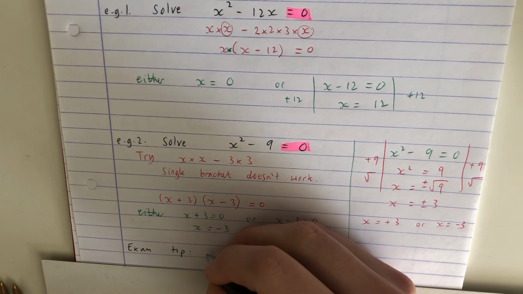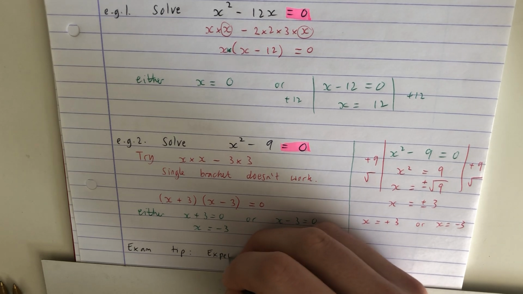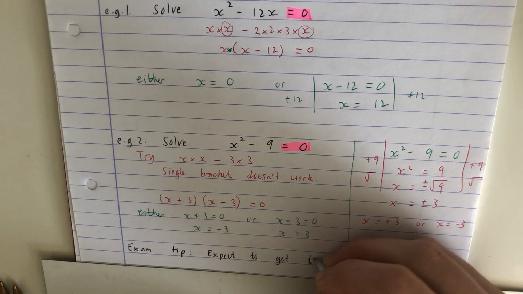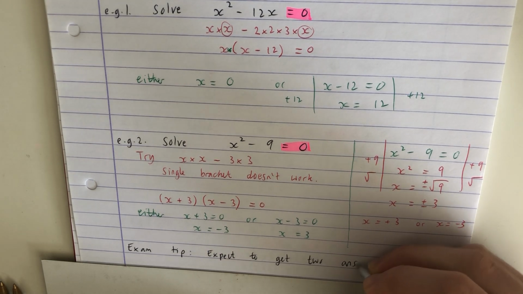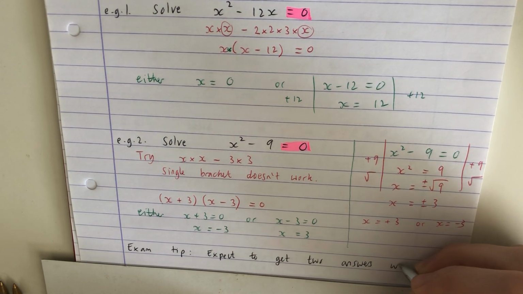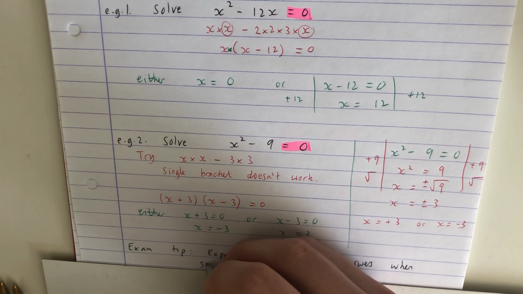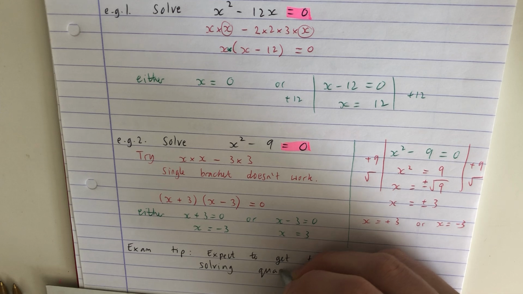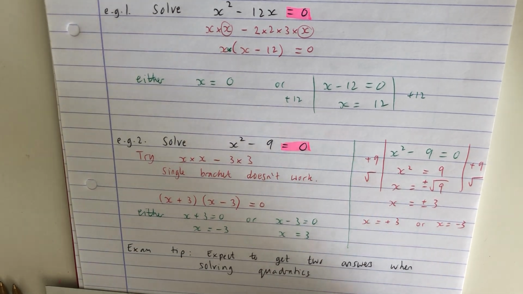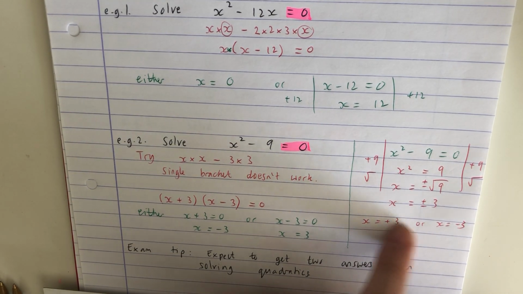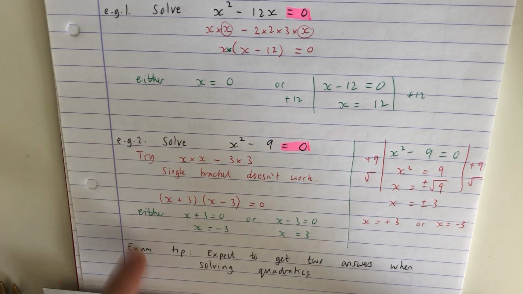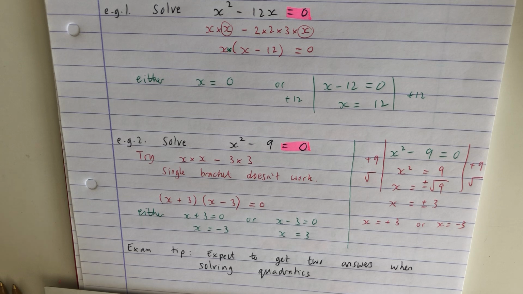Okay, so expect to get two answers when solving quadratics. Then you would have noticed that, if you forgot about the plus and the minus, this might have triggered, oh yeah, maybe I need to consider if there's another answer. And that would be it.